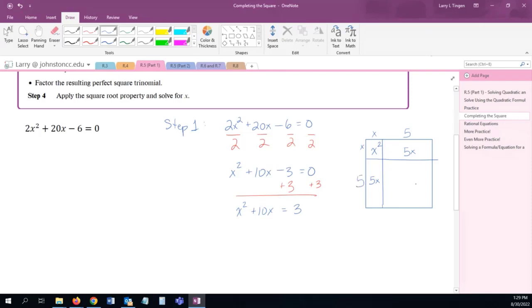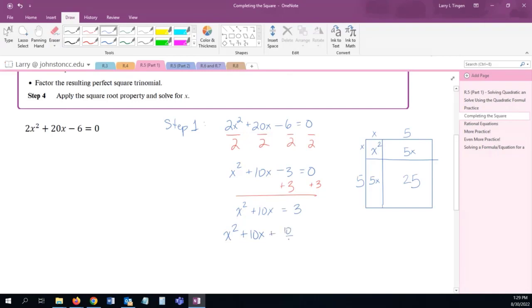So what do I need to finish off that perfect square? This length times this length, 5 times 5, which is 25. That's what it means to complete the square. On the next step, what we're told to do is take half of the coefficient b.